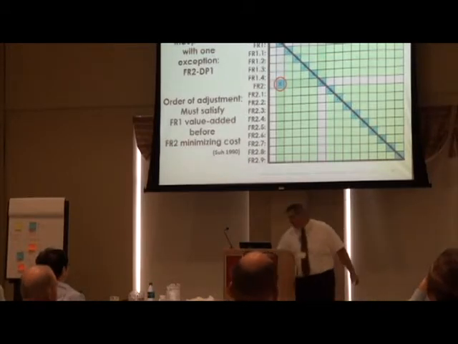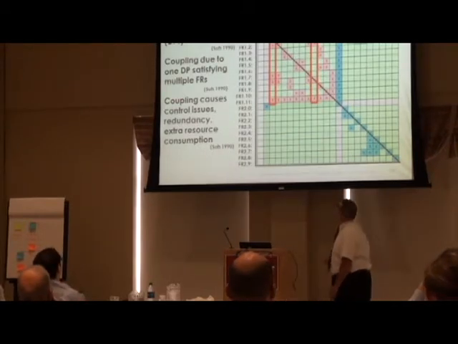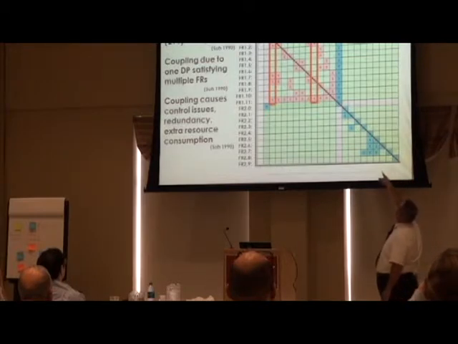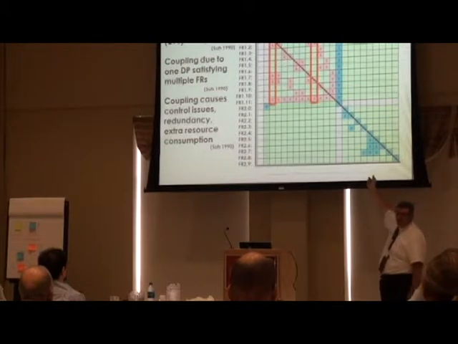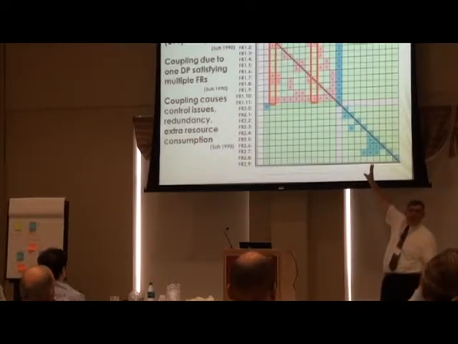Okay. So when we looked at this, down here at the bottom, it shows that this slide may not actually be right. There was a little amount of coupling between the design parameters and the FRs that they fulfilled. But the original ABET criteria had all kinds of interactions between the DPs and the FRs.